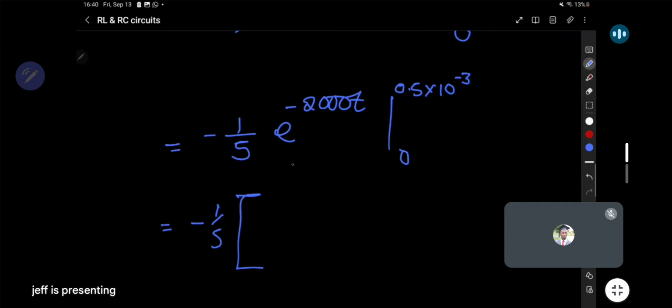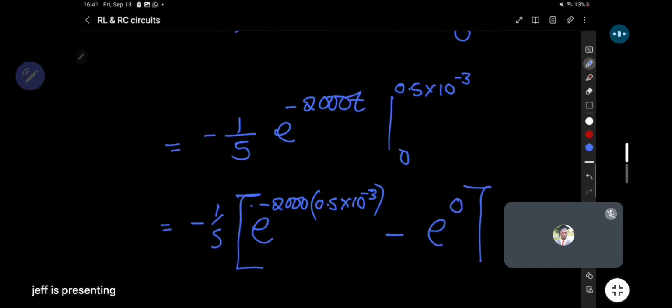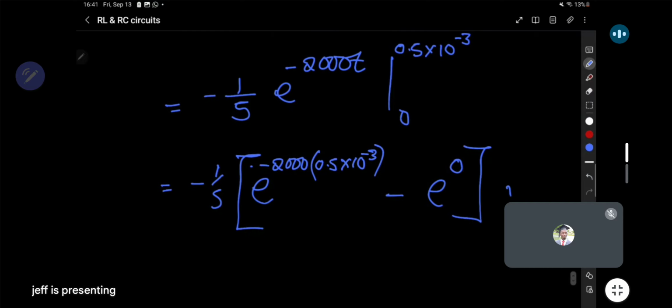I have e to the minus 2,000 multiplying 0.5 times 10 to the minus 3. When I substitute the lower limit, I have to subtract. The lower limit is 0, which will make the whole power 0. And this must be in millijoules.